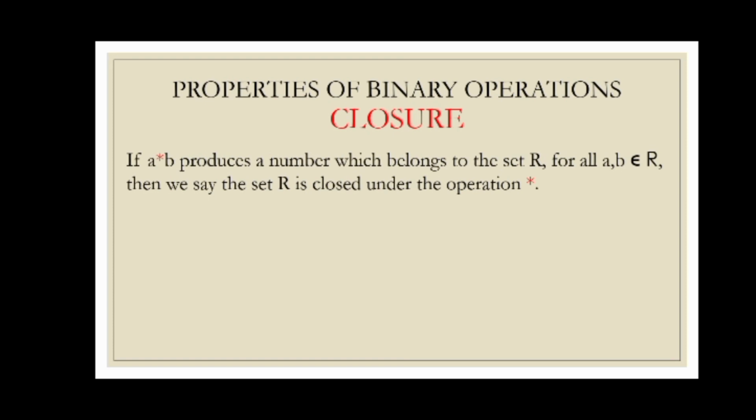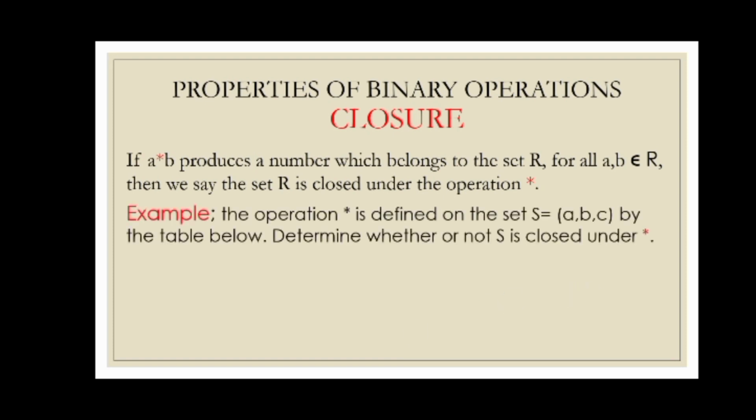What is closure? If A star B produces a number which belongs to the set R for all A, B belonging to R, then we say the set R is closed under the operation. Let's give an example to explain this definition.